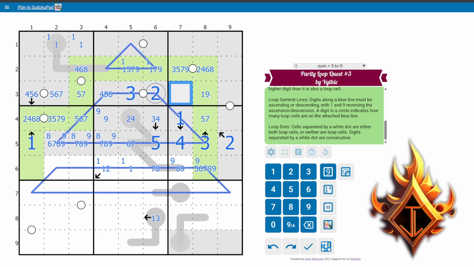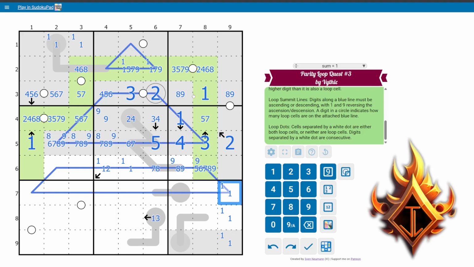These are 189. That can't be 1. So we get an 8-9 combo there. So that one is 1. Now we know 1 is over here.